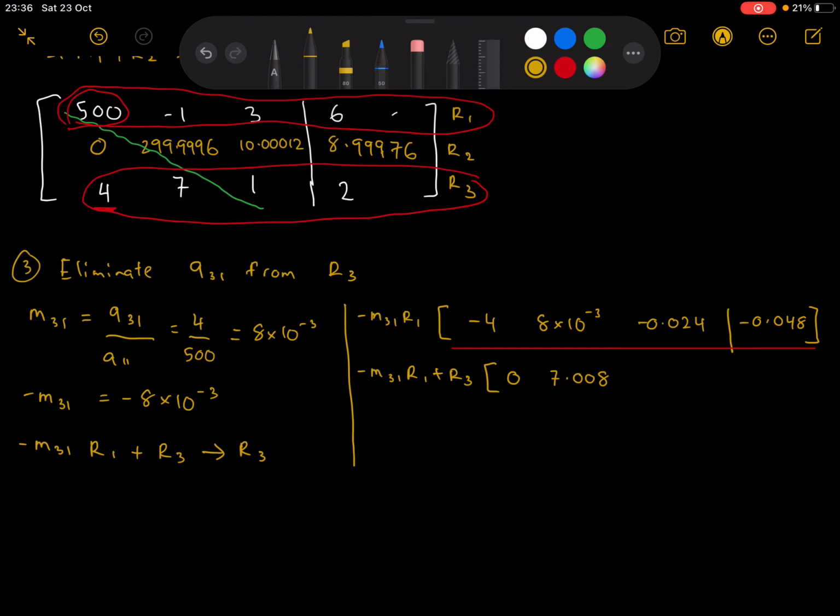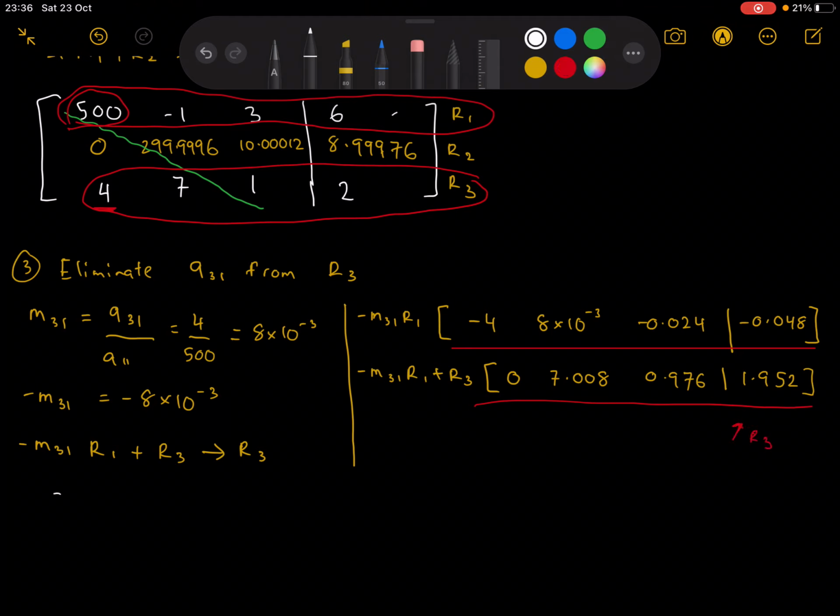This one is 0.976, negative 0.048 plus 2, 1.952. So basically this is the value that we will replace in row number 3.